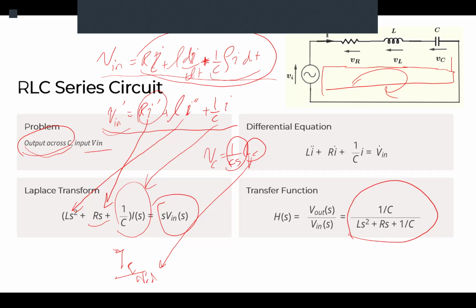V dot or V prime is going to be S V(S) for the Laplace, correct? So here we have S V(S) for input.